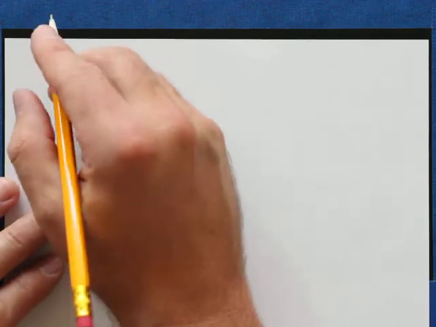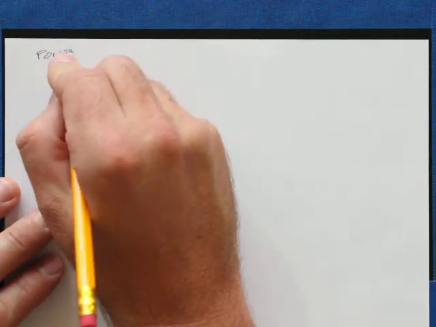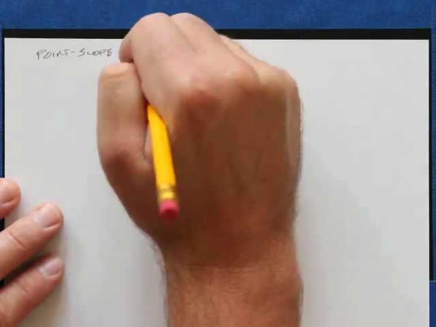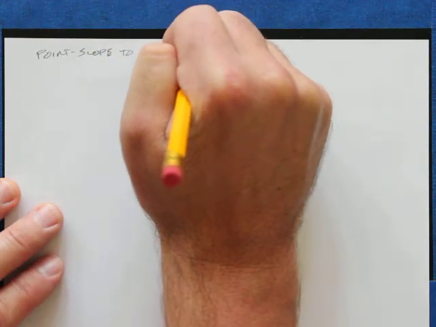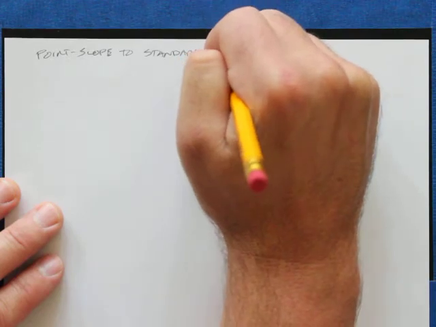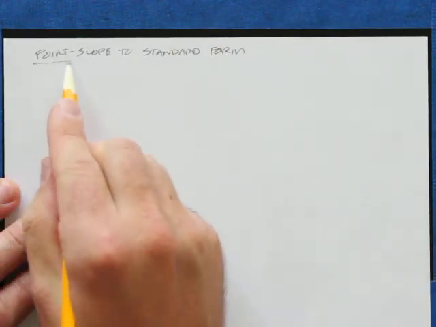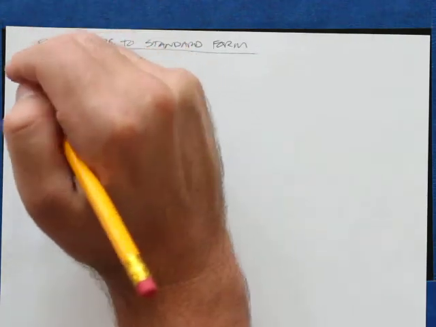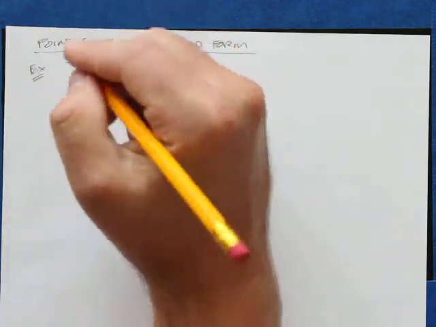Let's keep moving on. So now we're going to take point slope and change it to standard form. All right, so here's your example. We're going to start with point slope form.